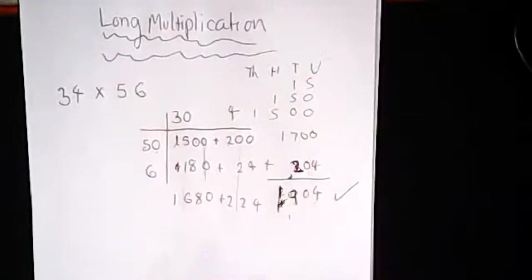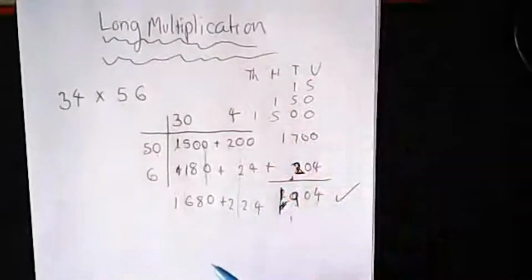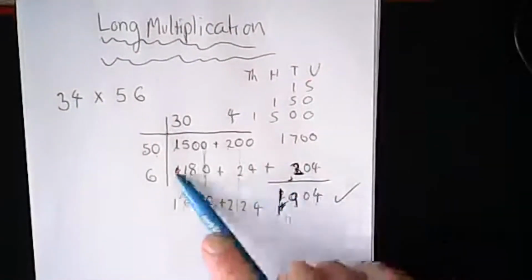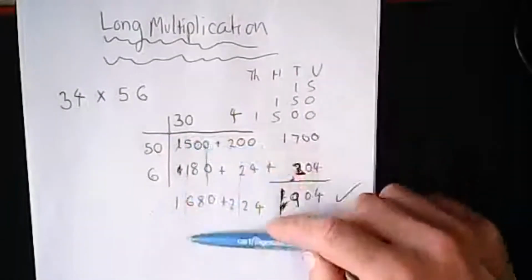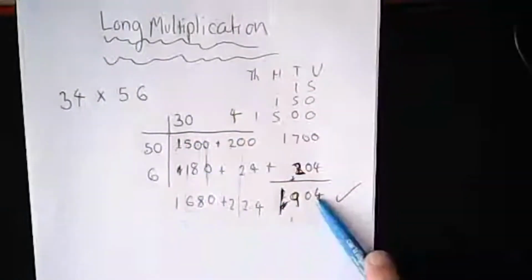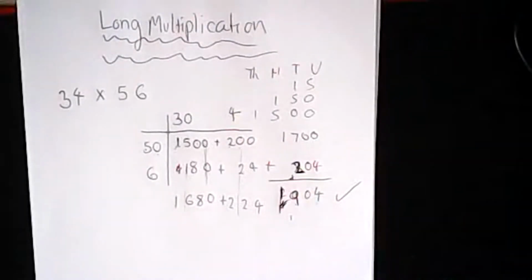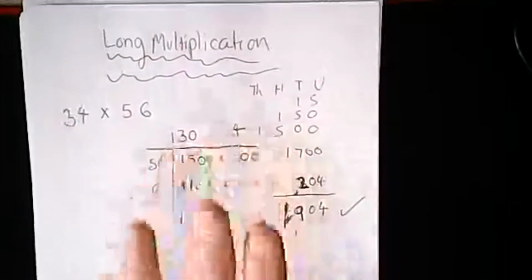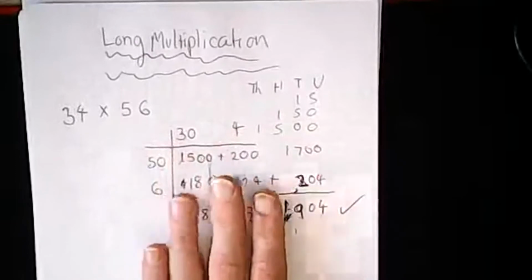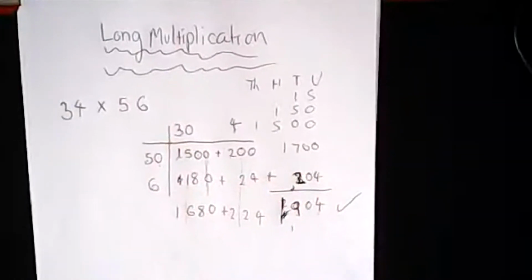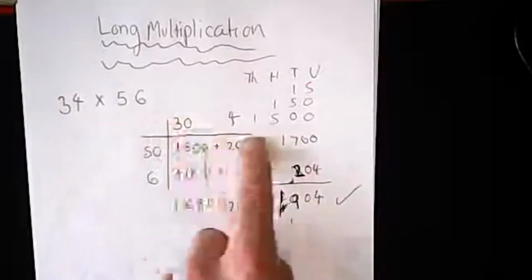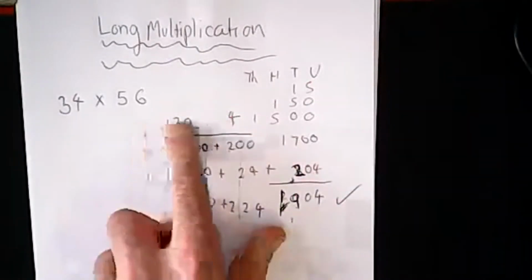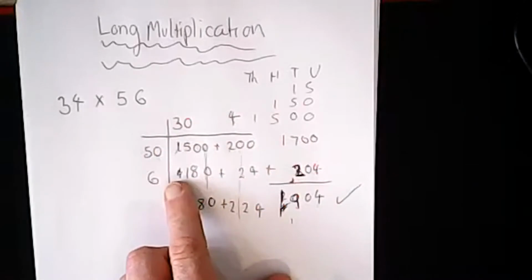So the good thing about this one, even though I made that little error on that 204 adding up across, it would all flag up anyway because I would have added them up going down and checking across, and that's the beauty of that method. So it's quite a big method, it's quite cumbersome, and actually there's a couple of things to think about here. Pros are it's very understandable, it links with grid method, it links with algebra.